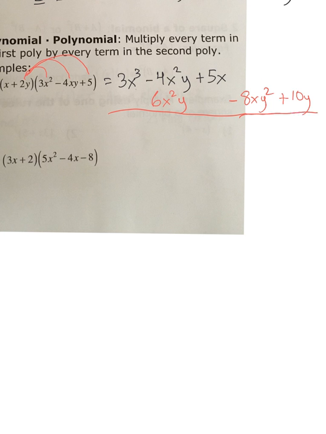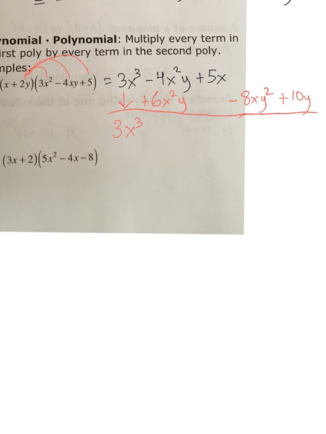Excellent. And now we can go ahead and combine like terms. But how many terms are alike? Well, just these two right here, right? What's nice about this is this 3x cubed is going to drop. So you end up with 3x cubed. You have negative 4x squared y plus 6x squared y.